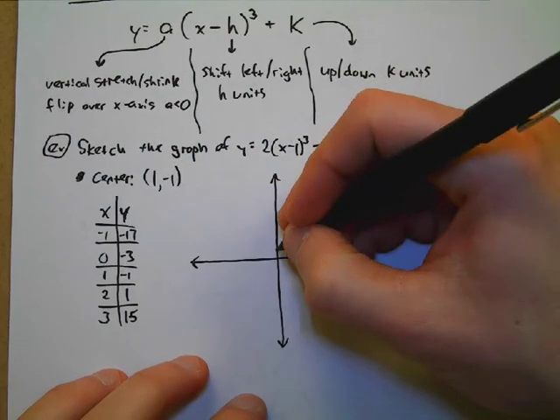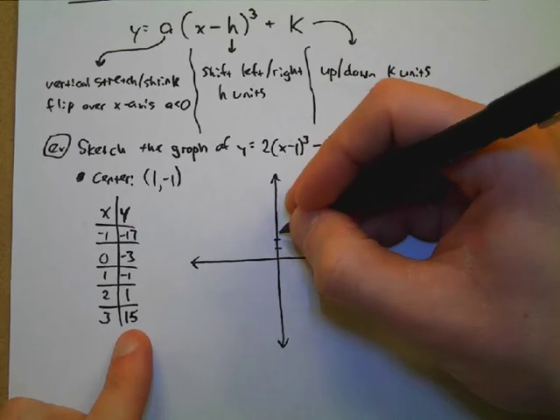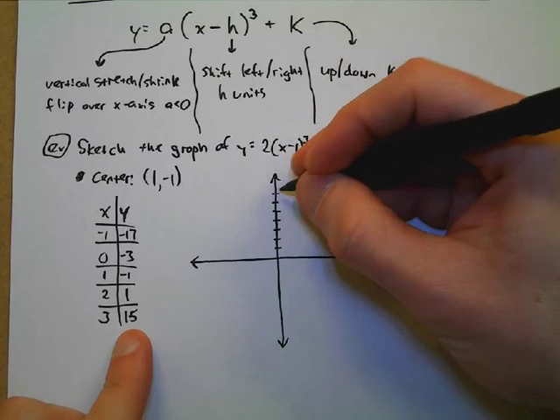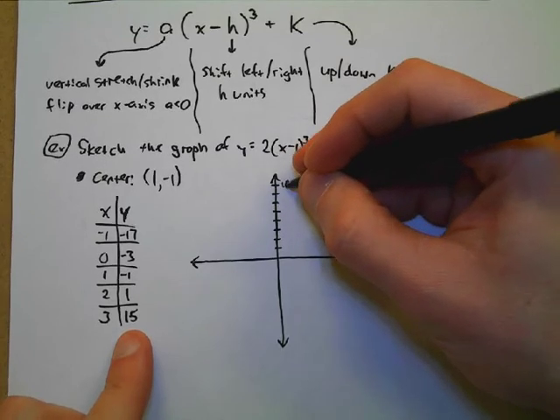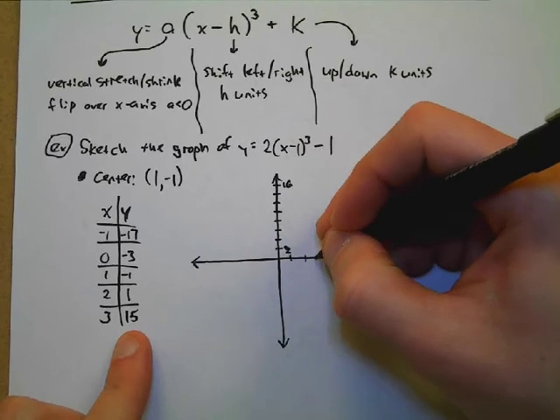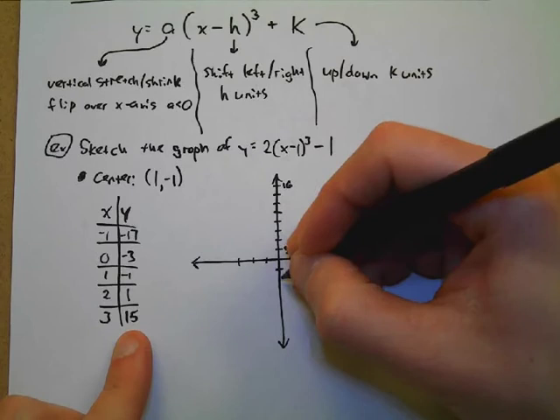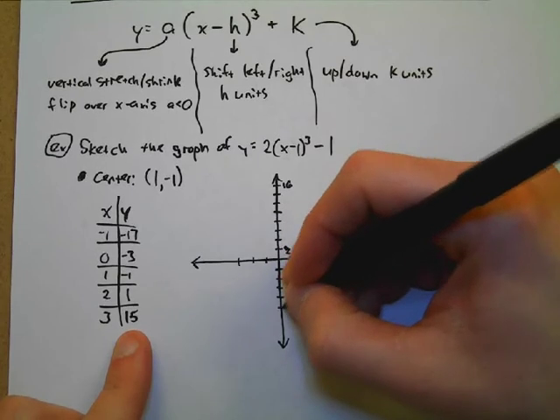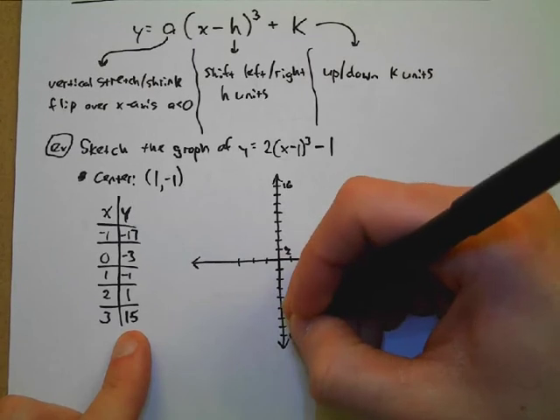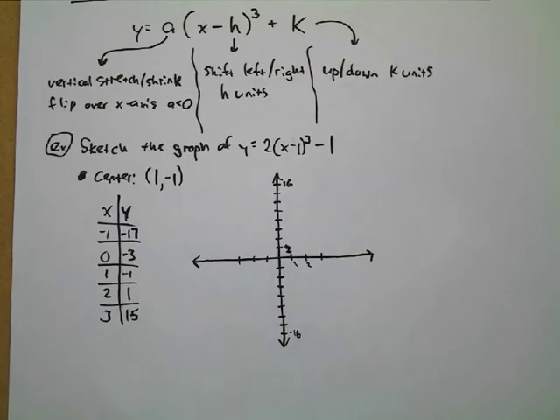I'm going to probably fit that on here. 2, 4, 6, 8, 10, up to 14, 16, and then 17 down there. So on and so forth, we get the idea.